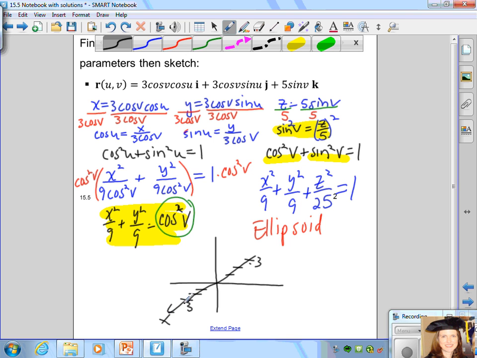It's our x-axis. You're going to go 3 units in the y direction. And you're going to go 5 units in the z direction. Okay, the traces are ellipses.